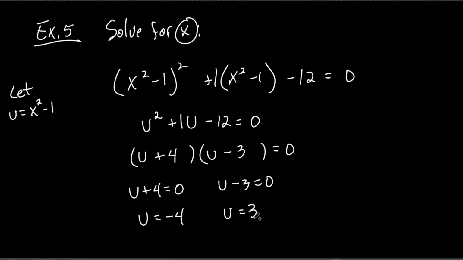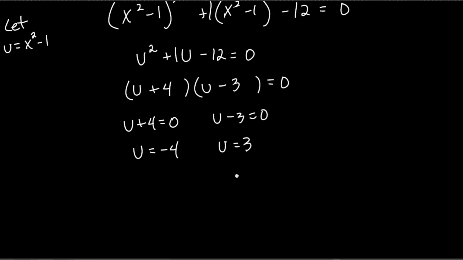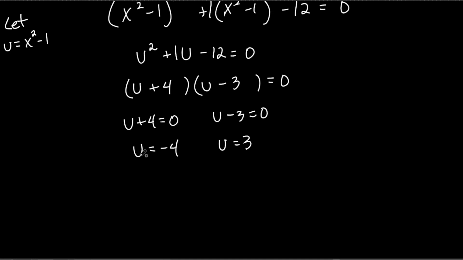Solving for x. So what we're going to do now is replace that u with what we set it equal to. What did we set u equal to? X squared minus 1. So instead of u equals negative 4, we're going to write x squared minus 1 equals negative 4. And we're going to do that to the other one as well.